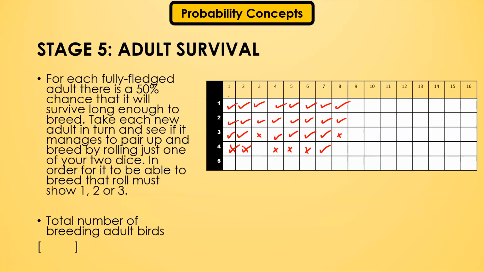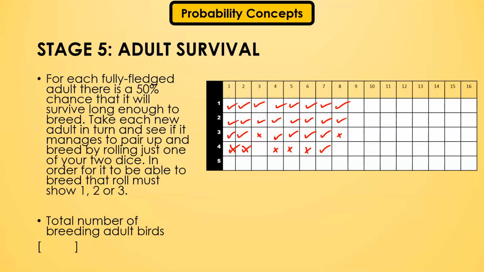The last bit is adult survival. For each of the fully fledged adults, of which we've only got 1, there's a 50% chance it will survive long enough to breed. Take each new adult in turn and see if it manages to pair up and breed by rolling just 1 of your 2 dice. In order for it to be able to breed, it must roll and show a 1 or a 3.